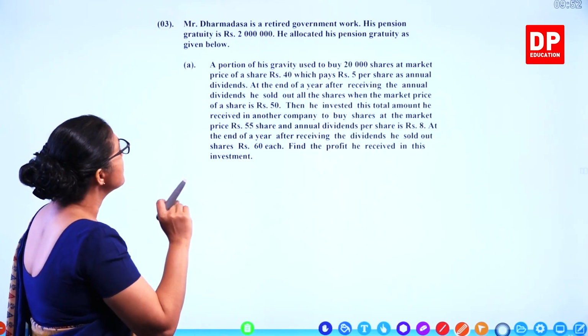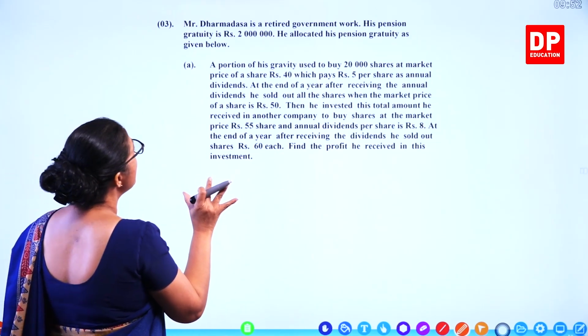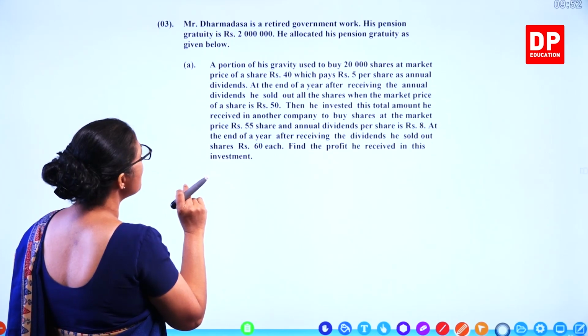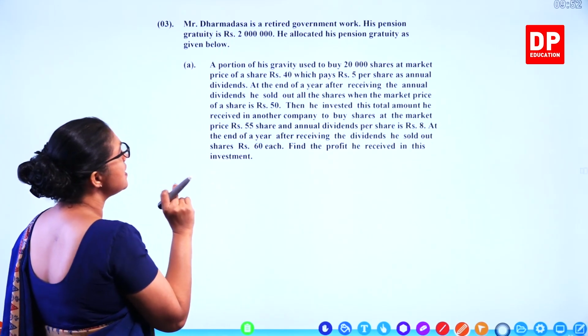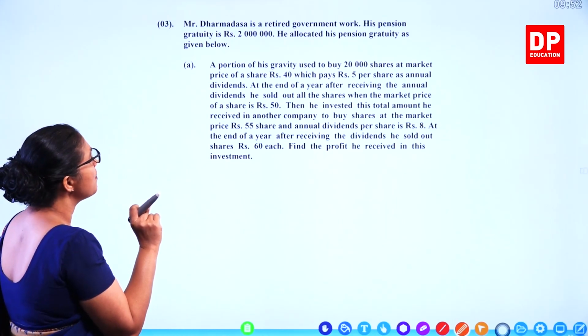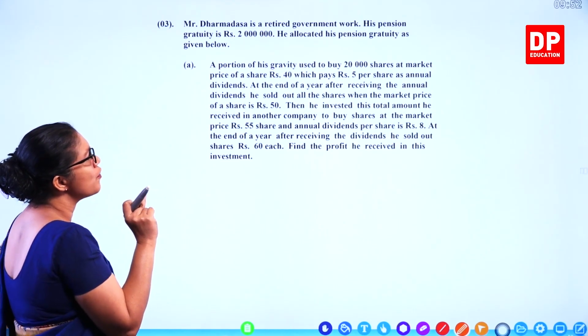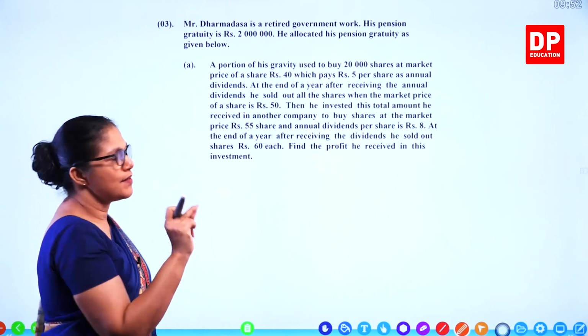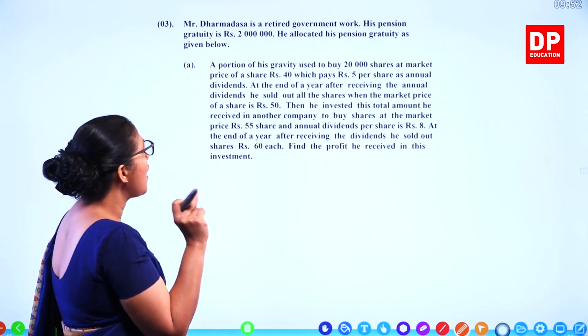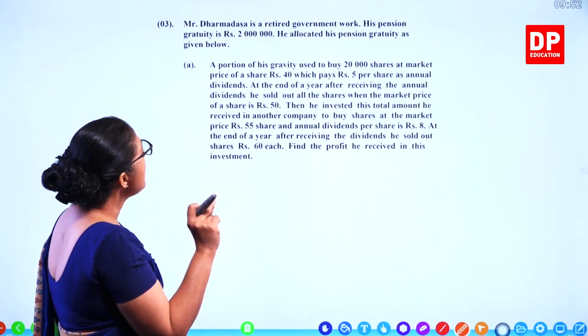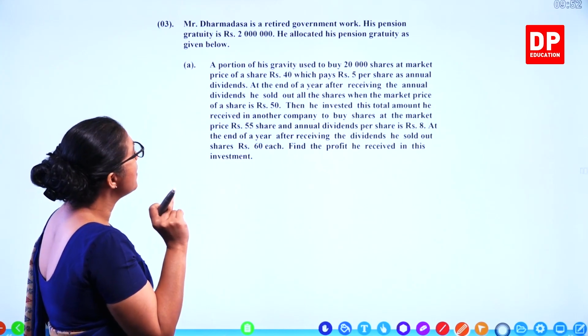So many companies. So we'll start from the beginning. A portion of his gratuity used to buy 20,000 shares at market price of a share 40 rupees, which pays 5 rupees per share as annual dividends. So first we'll find out the amount invested in the first company.